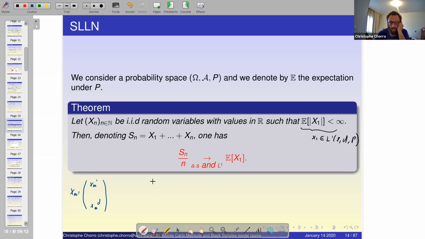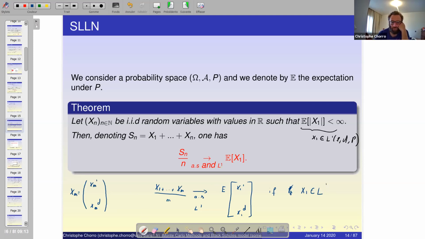The strong law of large numbers will tell you that (X1 + ... + Xn) over n converges toward the vector of the expectations, that is this one, almost surely and in L1, if X1 belongs to L1.